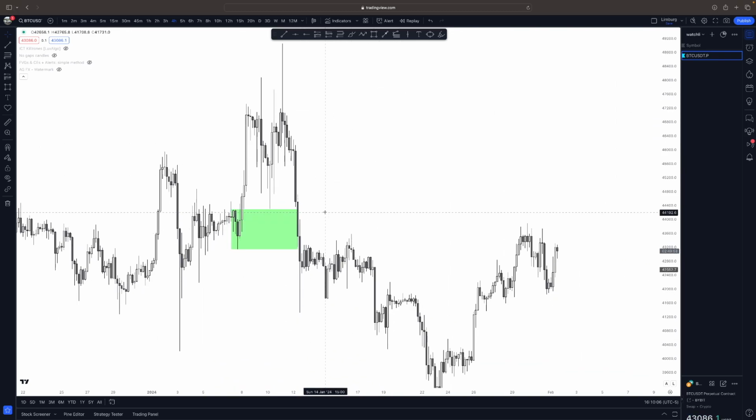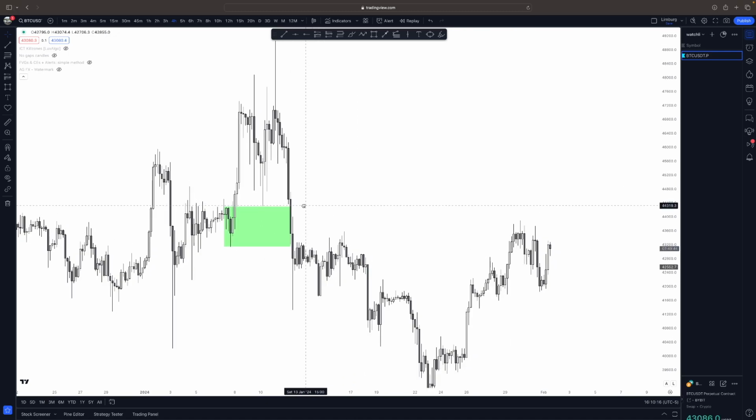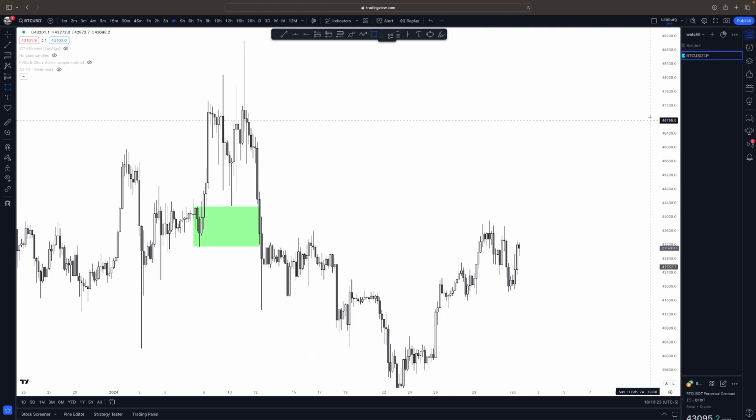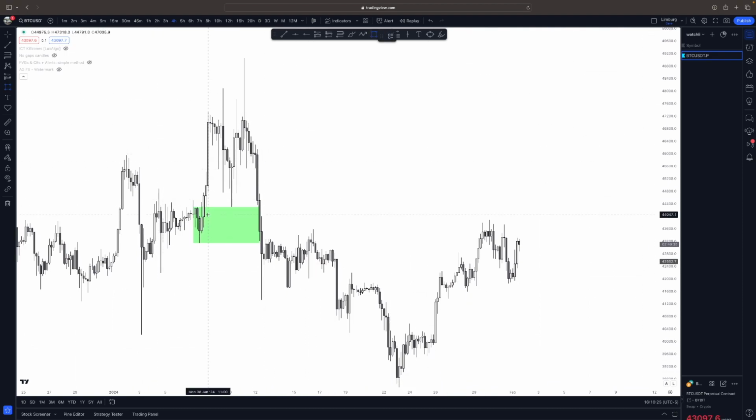We couldn't enter a trade right here. There was probably no confirmation where we could enter that long. So price headed lower and eventually created that new low. What we can do right now is use this area as our supply zone.